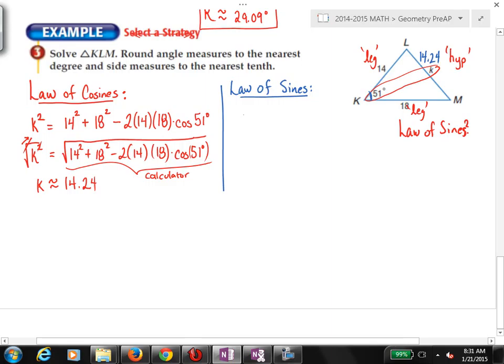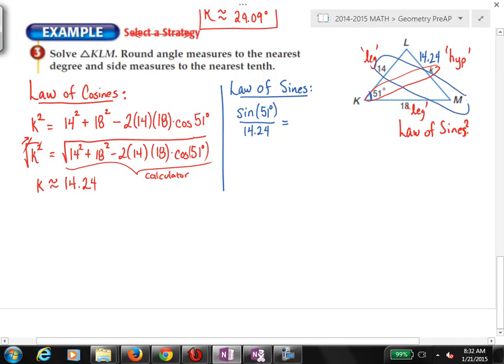And don't forget, what was law of sines? Right? But then how do I set it up? It's sine of 51, the angle, over what? Over 14.24, the opposing side, is equal to, and now you choose. Do you want to find angle L or do you want to find angle M? It's a choice.